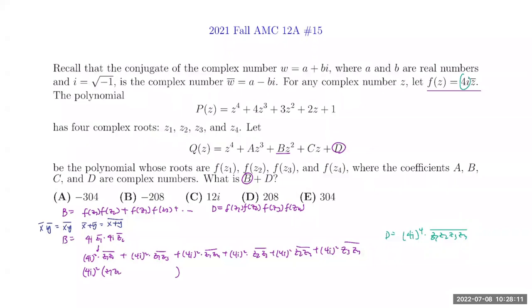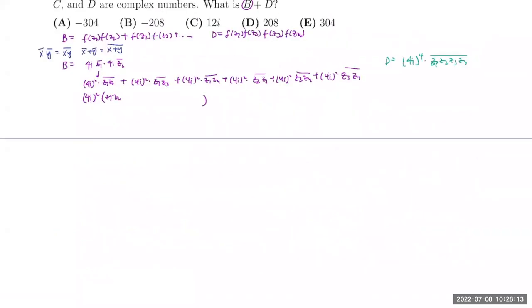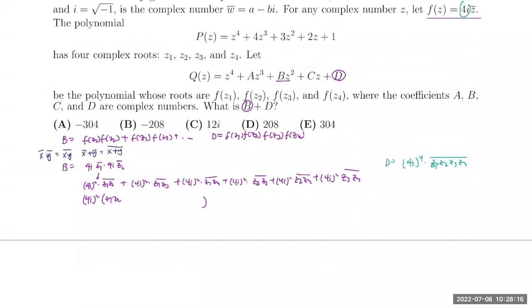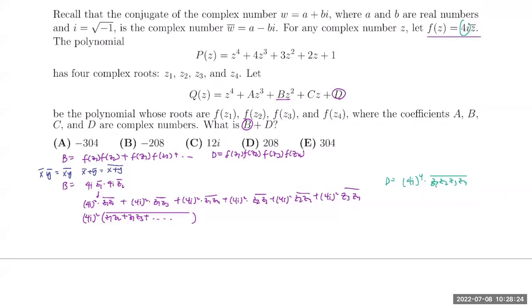So we have the sum of z sub 1 times z sub 2 plus z sub 1 times z sub 3 plus and so on, all the pairs, and then we take the conjugate. That is just the conjugate of the pairwise sums of the roots of the polynomial p of z. So we can just use this value 3. We get that this is equal to 4i squared times the conjugate of 3.